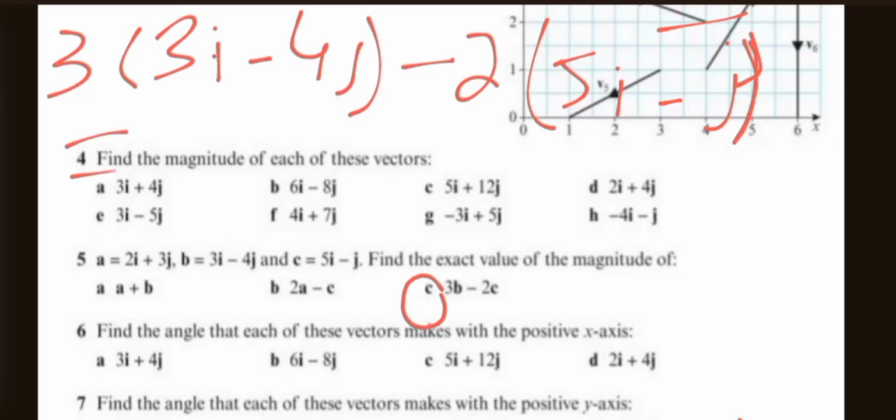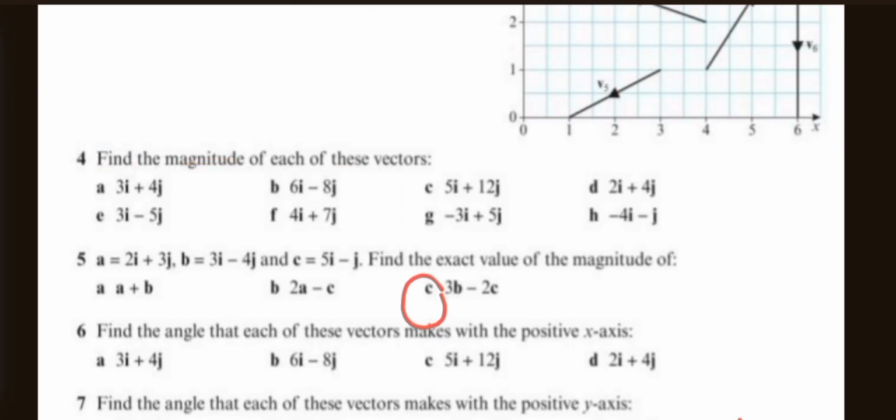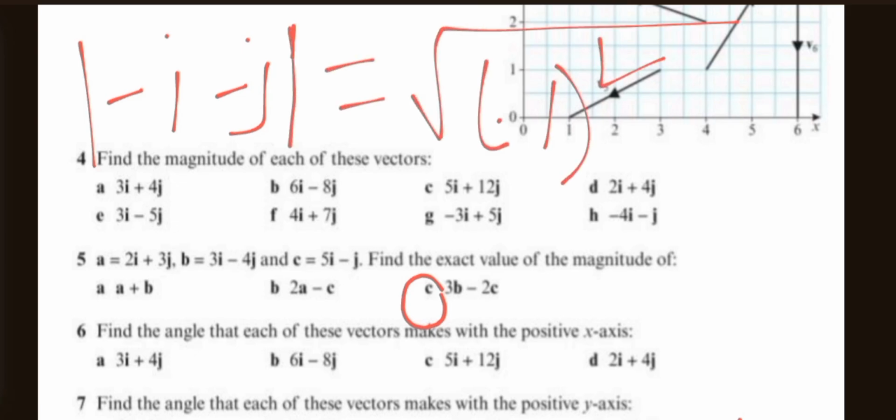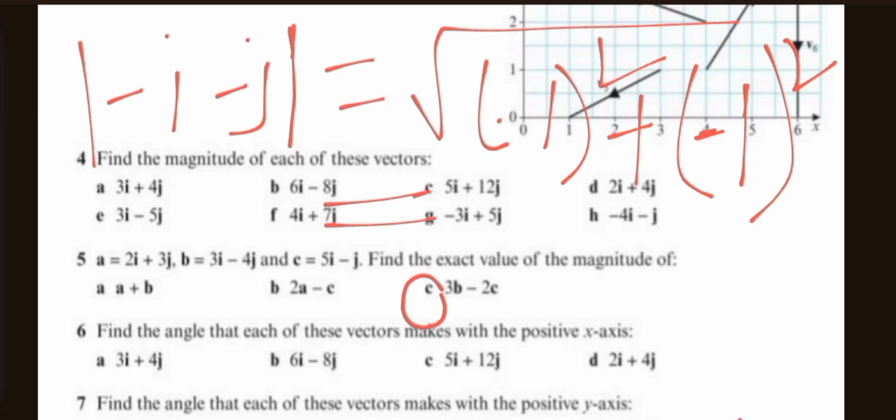If we simplify it, then we get minus i minus j. We put it in the calculator and its answer is 10.1.